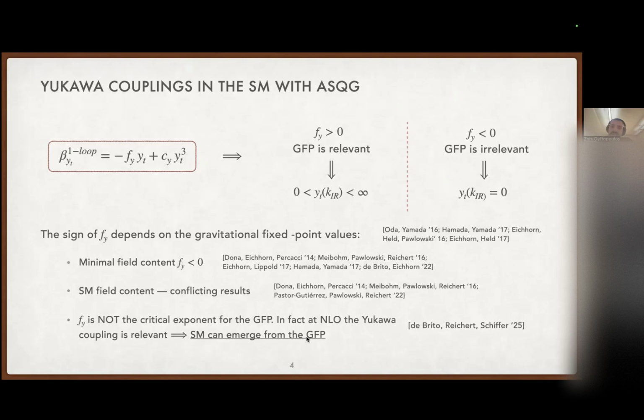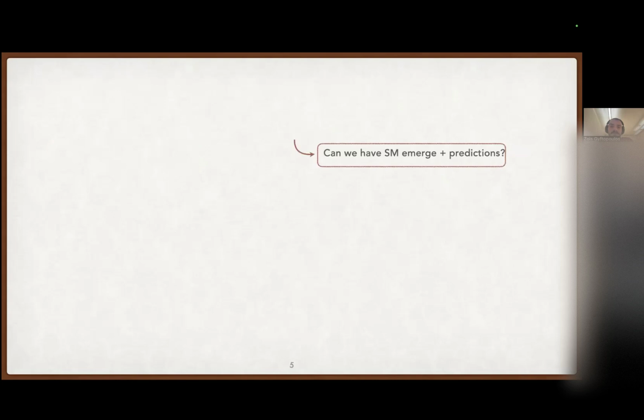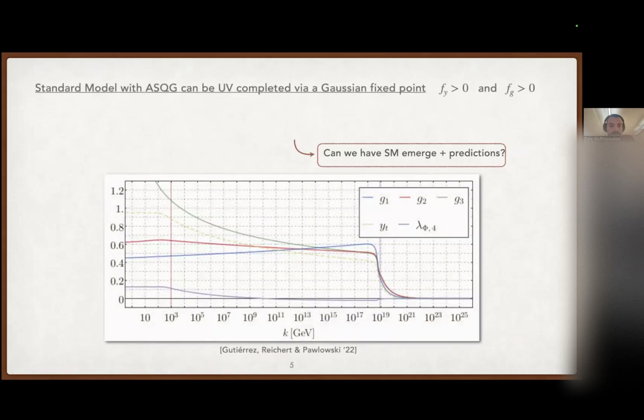And how does this look? In the study in 2022 by Alvaro, Manuel, and Jan, they constructed a trajectory that emanates from the Gaussian fixed point with Fy positive and Fg positive, such that they can get the standard model to emerge from such a configuration.